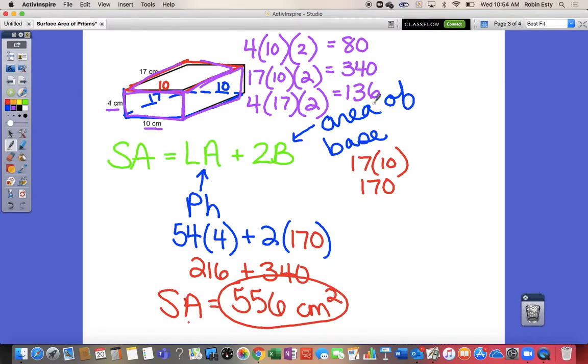Okay, and then I would total those all up. So 80 plus 340 plus 136 equals 556 centimeters squared. So depending on if you want to use the formula they gave you, or you can just take the area of each face and add it up. That's how you can get that surface area.